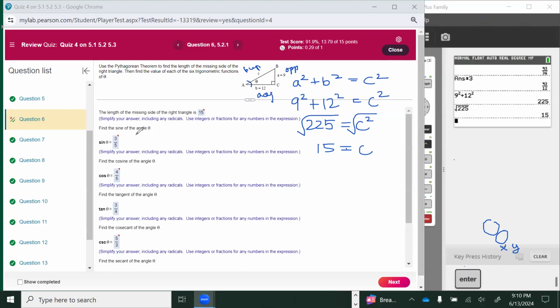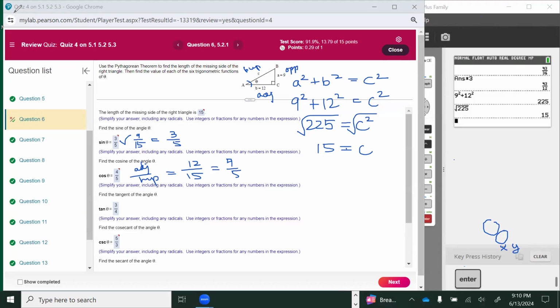So that would be 9 over 15. And if we simplify that, divide by 3, we get 3 over 5. Cosine is adjacent over hypotenuse, and that's again 12 over 15. If we divide by 3, we get 4 over 5. Tangent I got right. That's interesting.